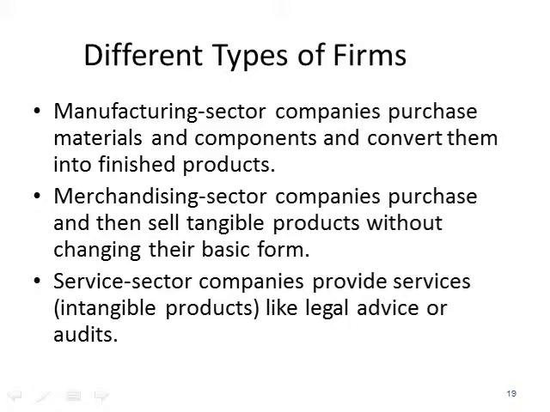They don't manufacture anything, they simply buy, sometimes in bulk, and then resell that to mall visitors. And then service sector companies provide services. Those are intangible products like legal advice or accounting services or engineering services. They provide services, not something hard and tangible like what a manufacturer may make or a merchandiser may resell.